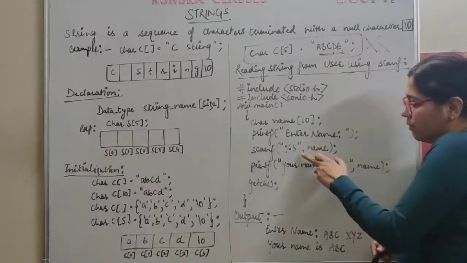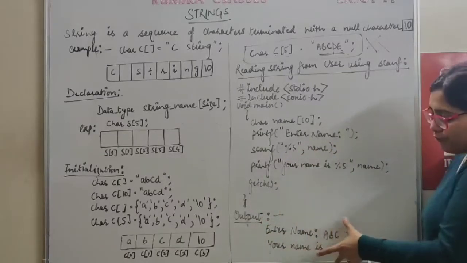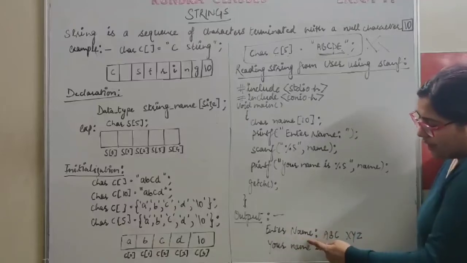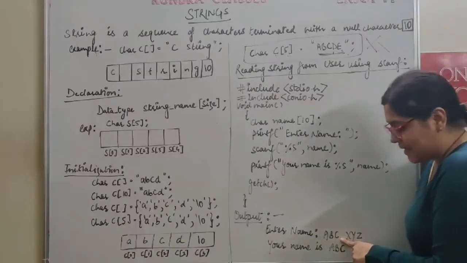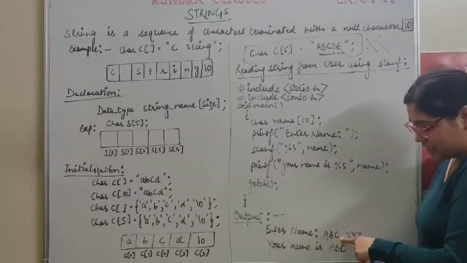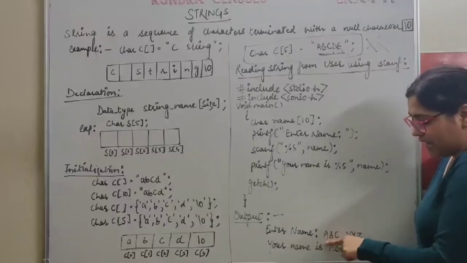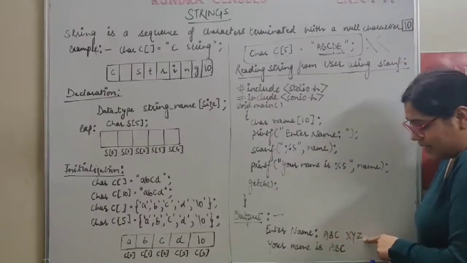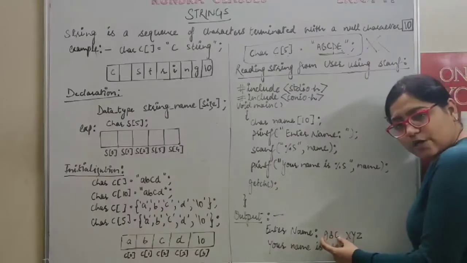Okay, so let's see how our output will be managed. Enter your name. If you enter your name, then give a space, and then enter your surname, suppose ABC XYZ, it will only consider the first word.